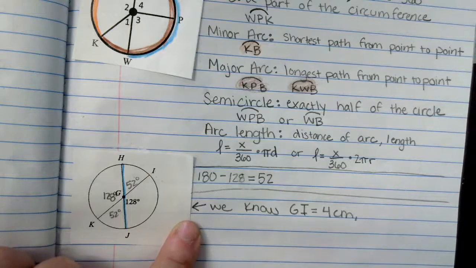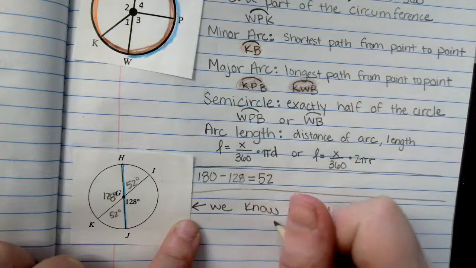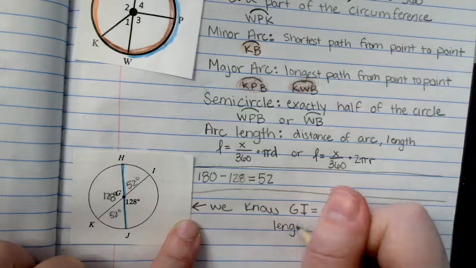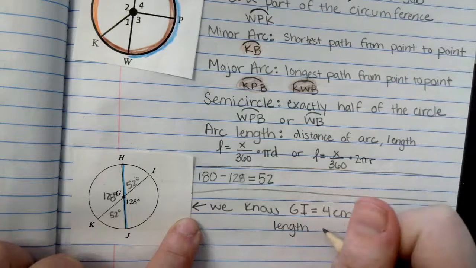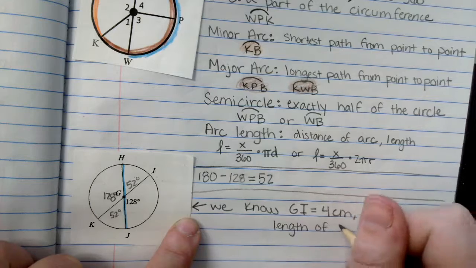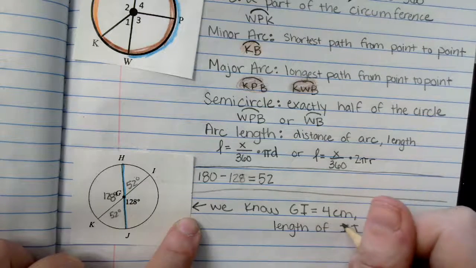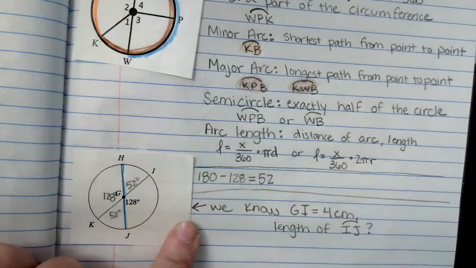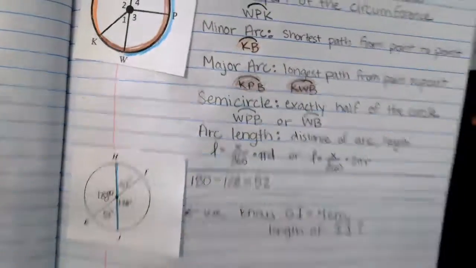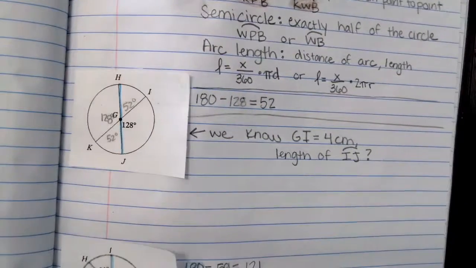So I'll break that down. When I look at IJ, I want to think, what is the measure of the angle created by IJ?